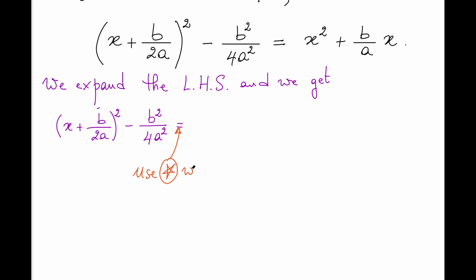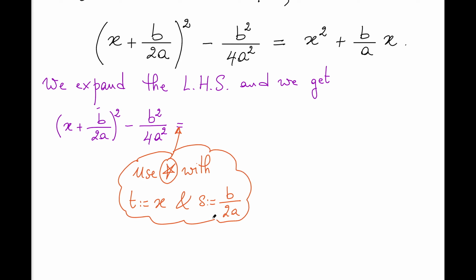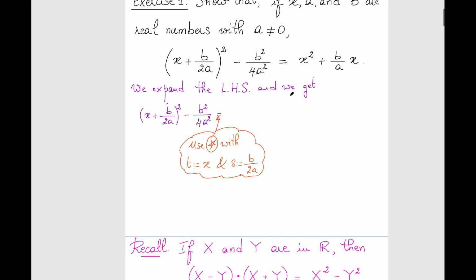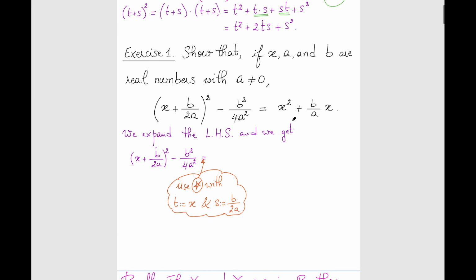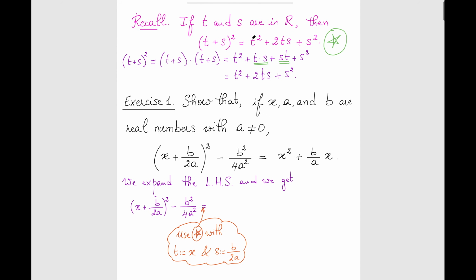So the t in star is x, and the s in star is b over 2a, right? So we get t squared. What's t in our case? It's x.